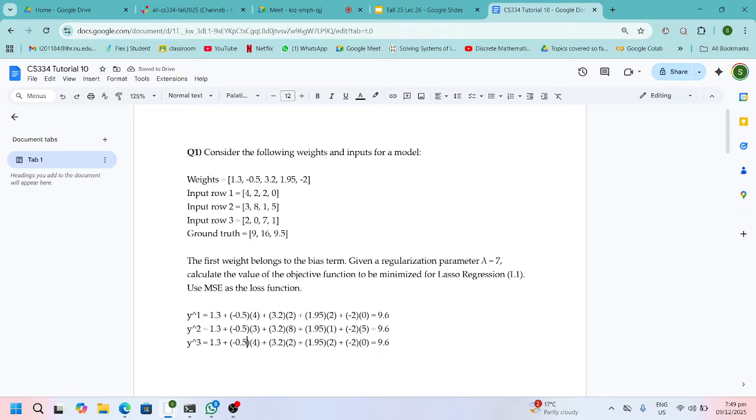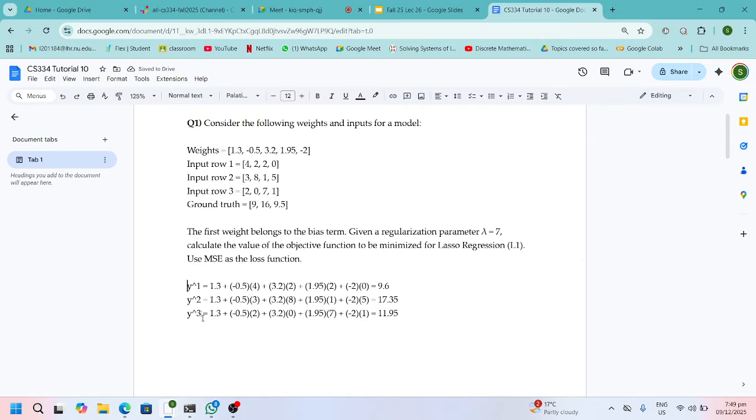Similarly, I will look at input row number 3, जिसके अंदर I have 2, 0, 7 and 1. So this will give me 17.35 and this one will give me 11.95. I hope that this is clear so far.